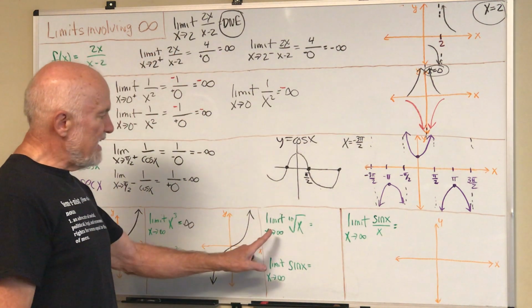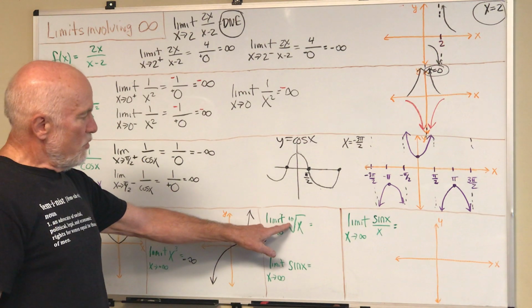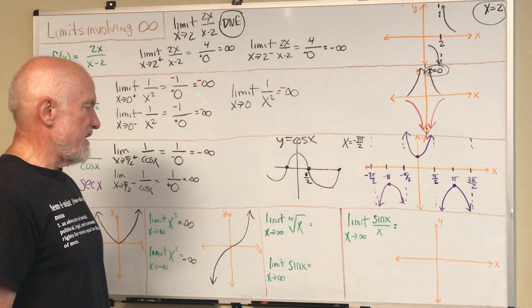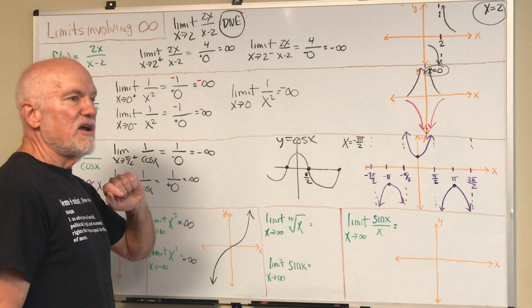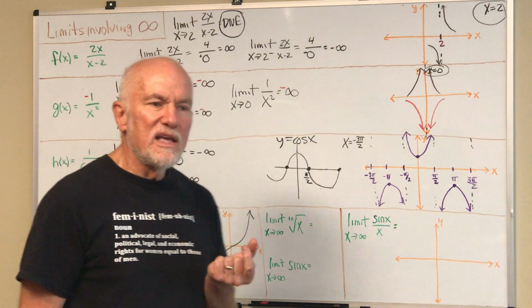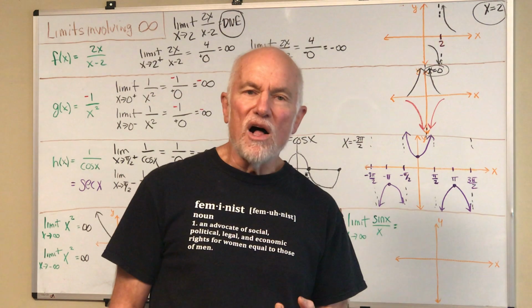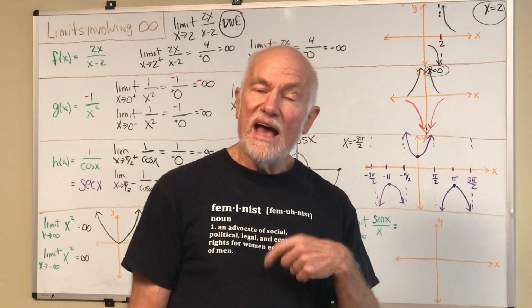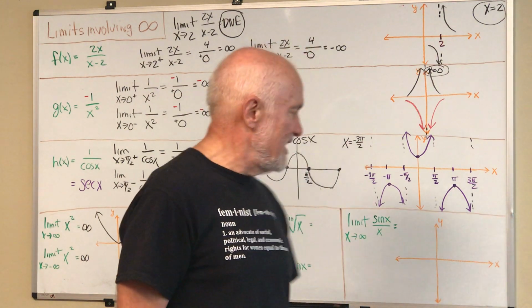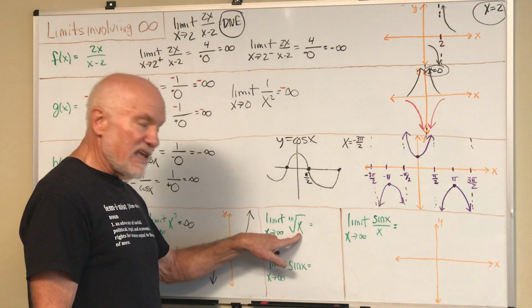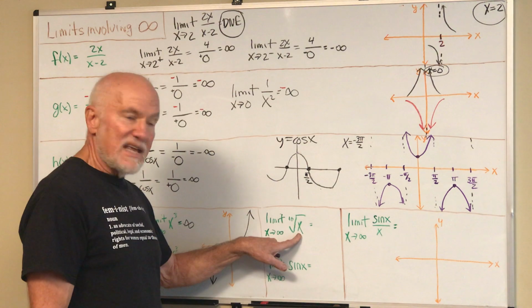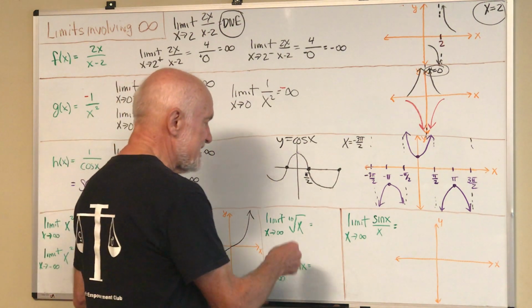A little more complicated one. What about the 10th root of x as x approaches infinity? Well, you might say the 10th root, that's going to make things really small. But remember, x is approaching infinity. So if you put 10 billion in here, one with 10 zeros, you're only going to get 10.